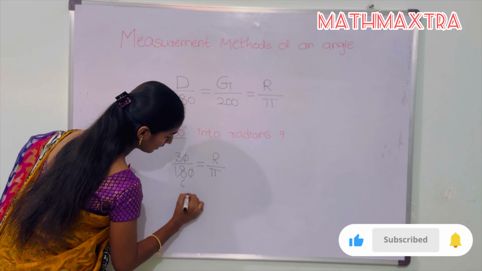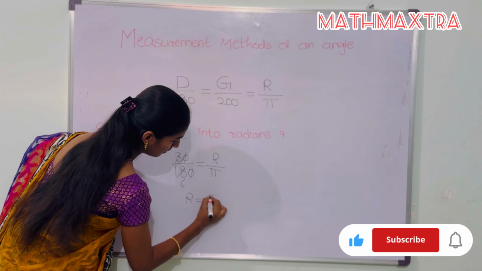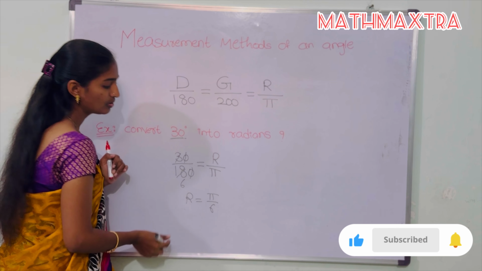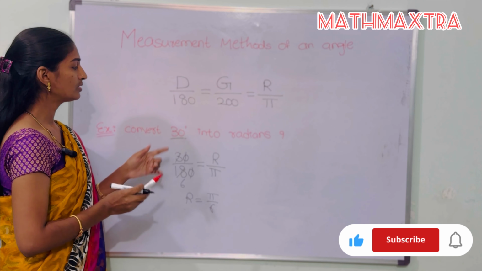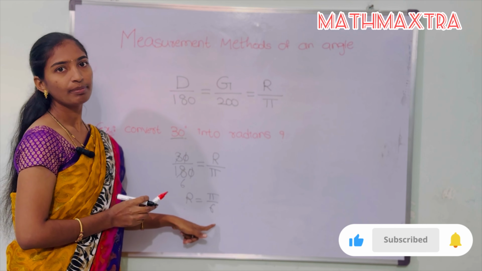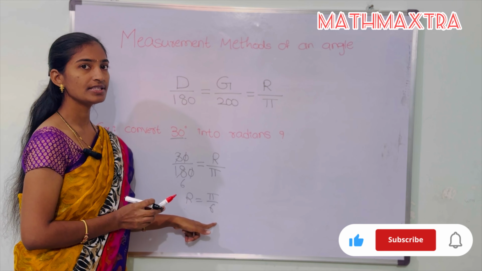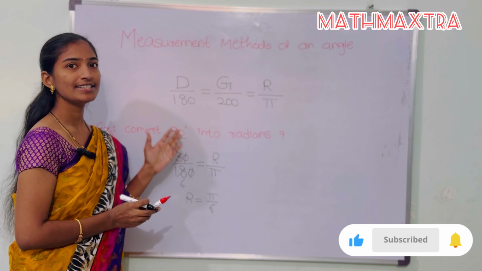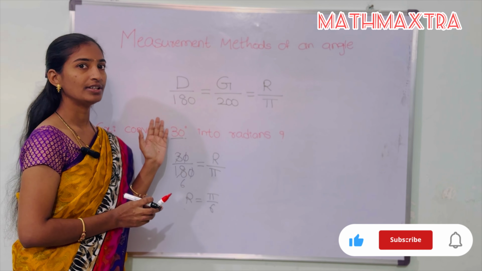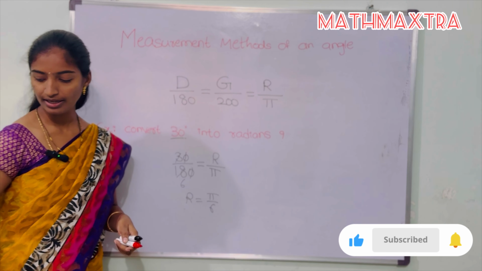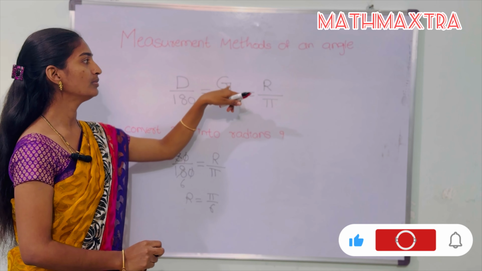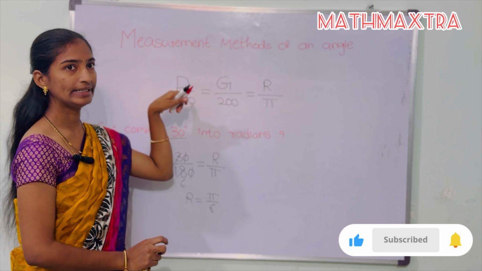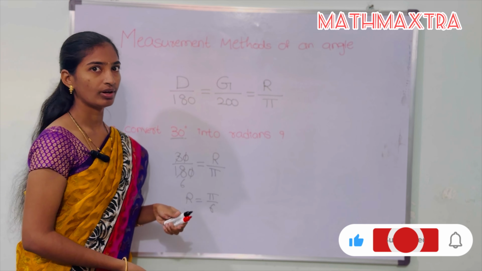So R is equal to pi by 6. So 30 degrees is equal to pi by 6 radians. This is how we easily convert degrees into radians. Similarly, you can convert from G to R, R to D, D to R, and so on.